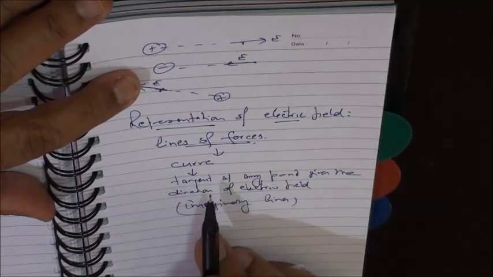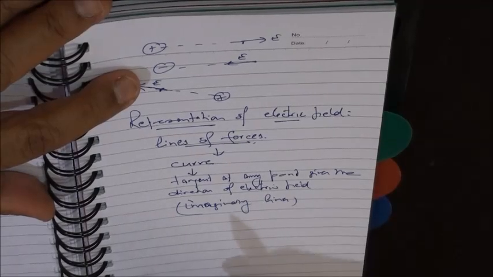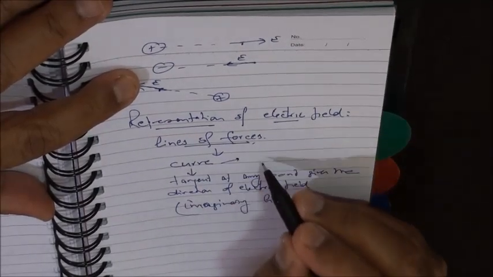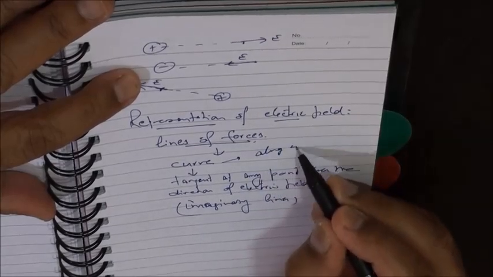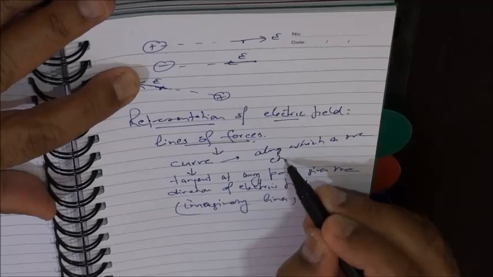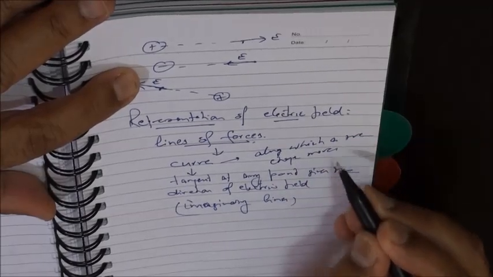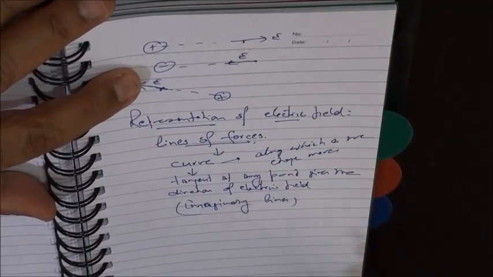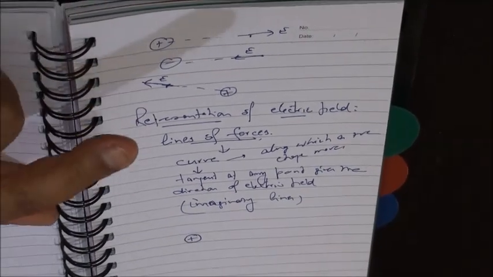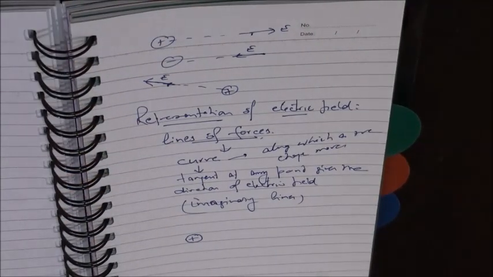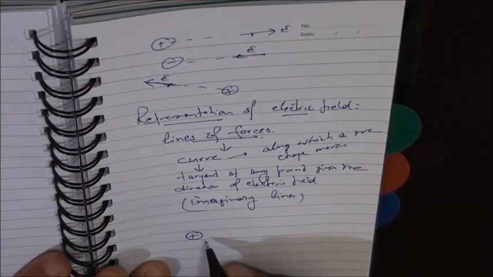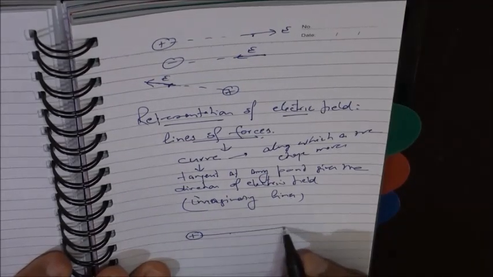So lines, and how do we draw them? It is actually a curve along which a positive charge moves if it is free to move. So I take a positive charge here, okay, and ask you draw the field lines. So assume that there is a positive charge here. What will be the direction in which it will move? This.